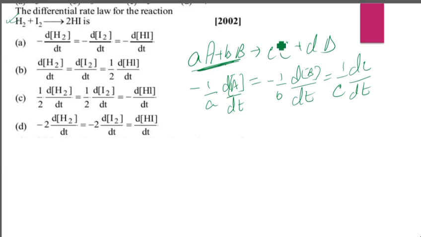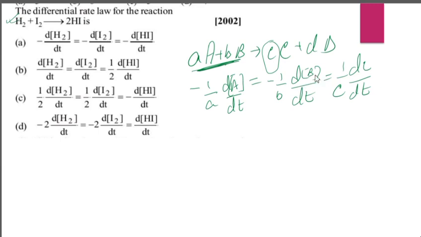Now see, for the product, since the product will increase with time, we will not put a minus sign before the term. Always remember, in physics or chemistry, we use minus only for two things: to indicate a change in direction, and to indicate that the quantity is decreasing with time.